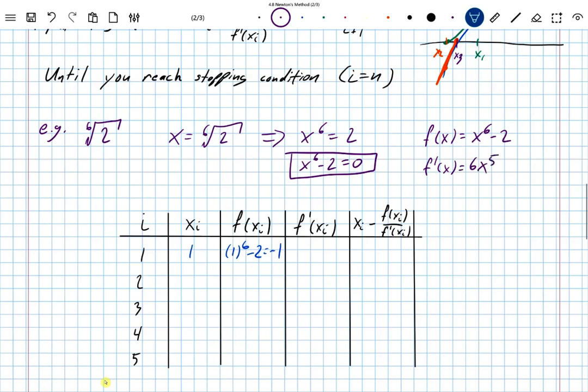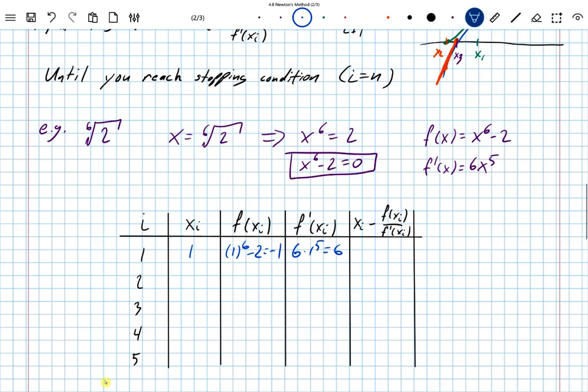So its derivative, when I plug in a 1, I would get 6 times 1 to the 5th, which is just 6. Now I plug all this in, and if I do this right, I would get 1 minus -1 over 6. So 1 plus 1/6.